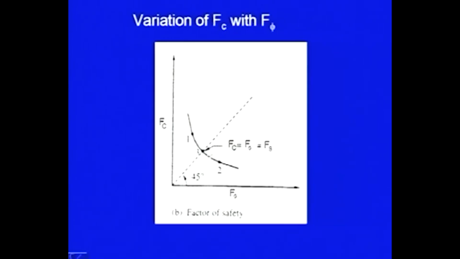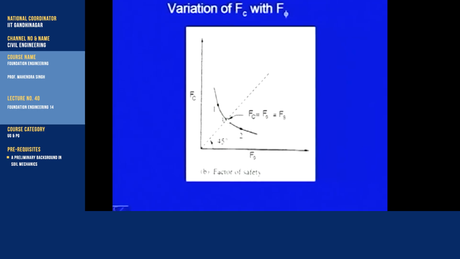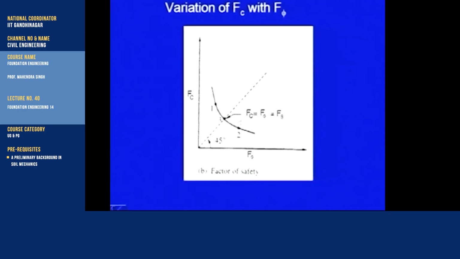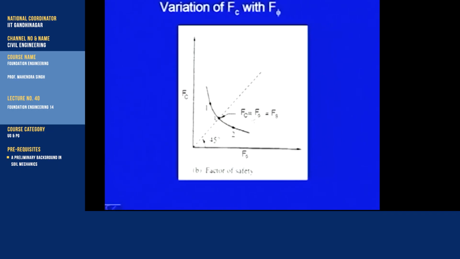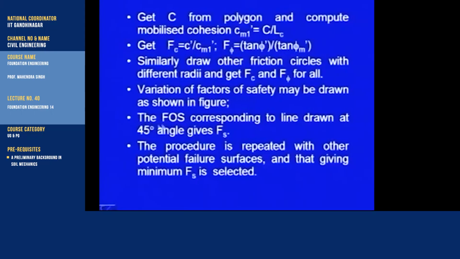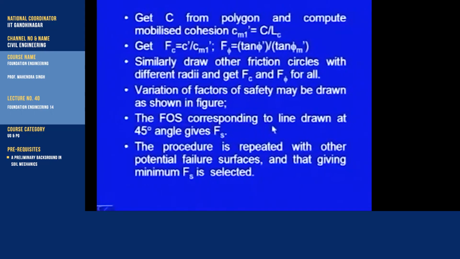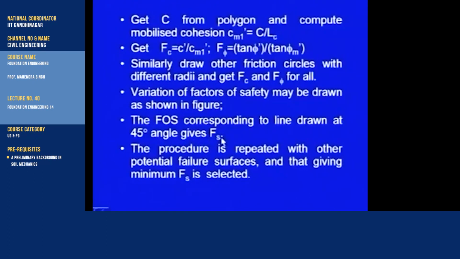Draw a line which has a 1:1 gradient, meaning a 45° angle here, and where it intersects this curve, that gives you the point where F c is equal to F s. So, the F o s corresponding to the line drawn at 45° gives F s.